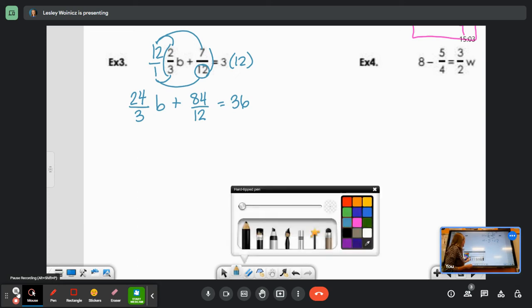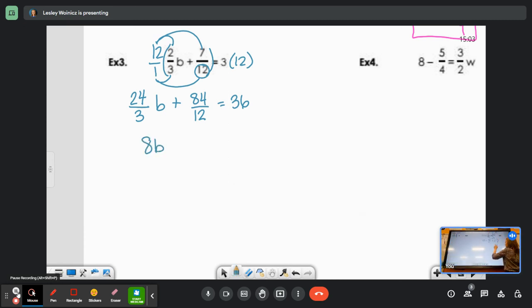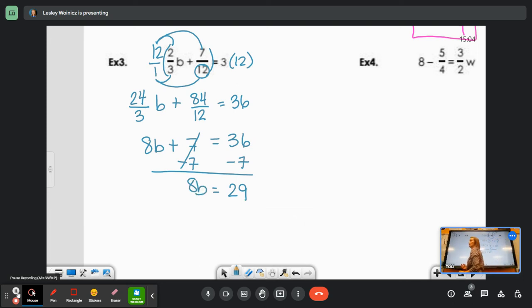Okie dokie. 24 divided by 3, 8. Bring down the b, bring down the plus. 84 divided by 12, well, we just figured that out. It's 7. We just used 12 and 7 to get 84. And 36. Subtract the 7. So 8b is 29. Gotta divide.